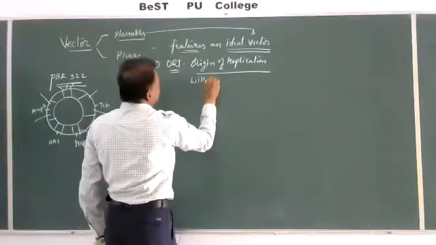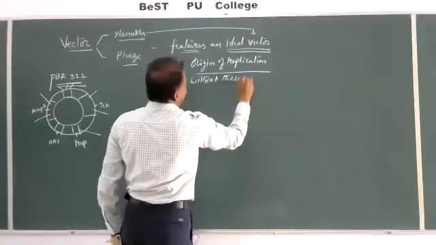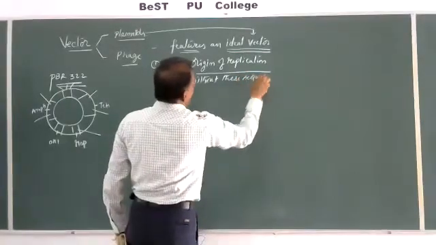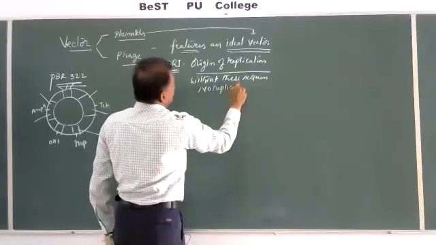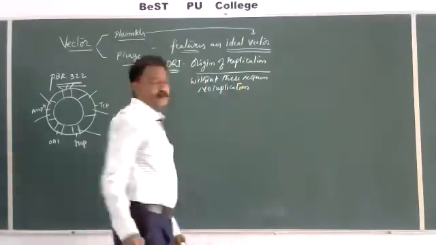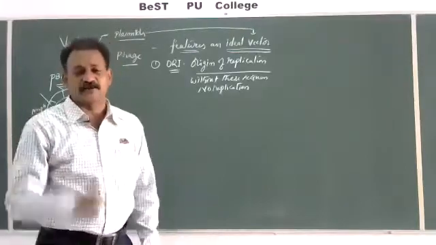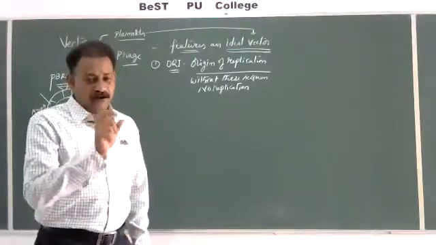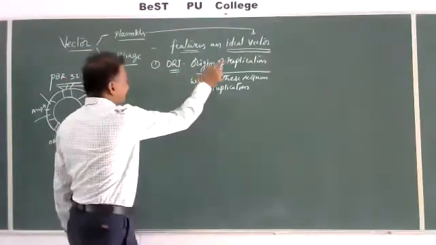Without these sequences, no replication. So compulsorily a plasmid or a vector should possess the RE site, ORI, origin of replication.